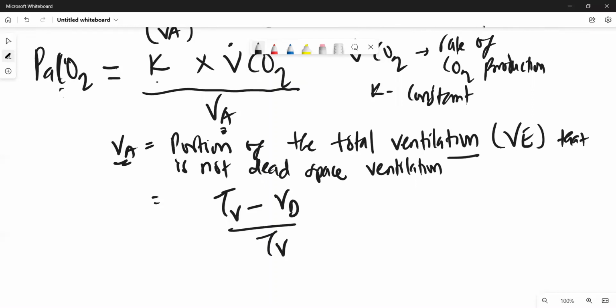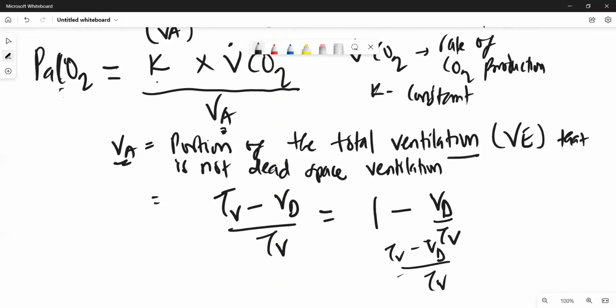Involved in gas exchange. And then we can simplify this equation to 1 minus dead space divided by tidal volume. We can simplify, because if we expand this formula further, that will be tidal volume minus dead space, so that gives you back this formula.